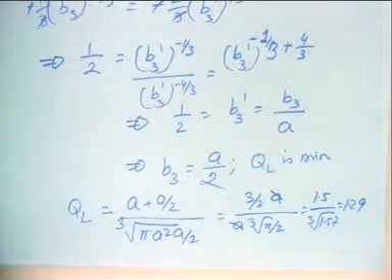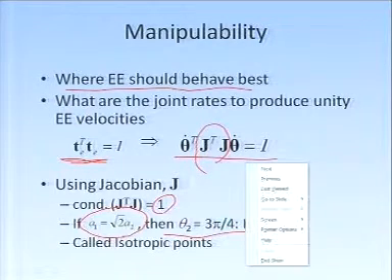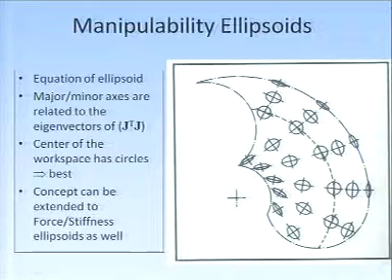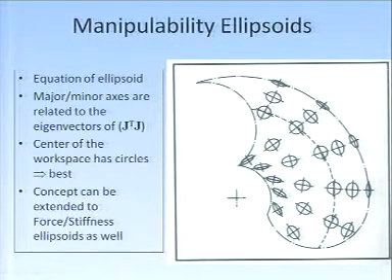So, the meaning of isotropic, or the meaning of condition number of J transpose J, on my LCD screen, best means what I explained, and they are called isotropic points. Okay. Now, I can draw certain plots for a 2 revolute arm. You can see this J transpose J is the equation of an ellipse.